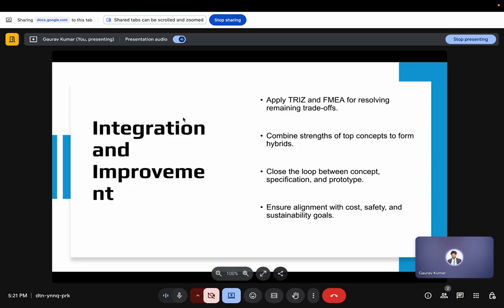In this way, design improvement continues even after selection, ensuring that the chosen concept evolves toward excellence. The process embodies the design philosophy of continuous improvement, learning, adapting, and refining through every iteration.